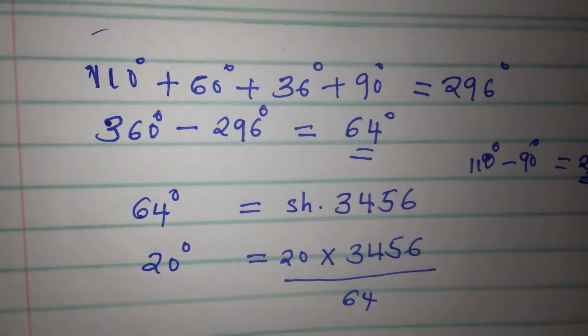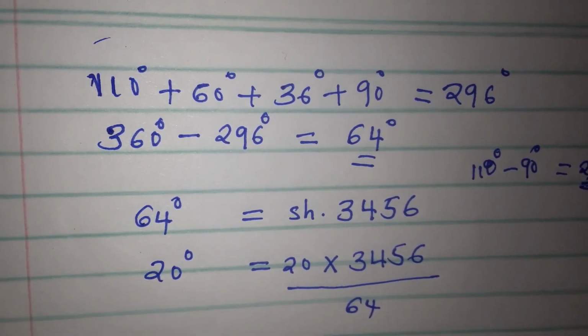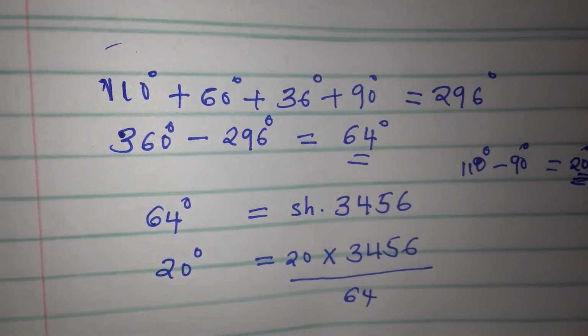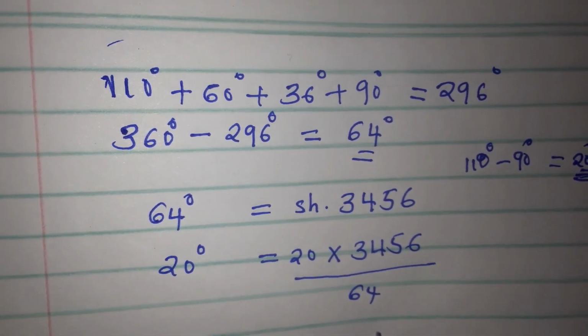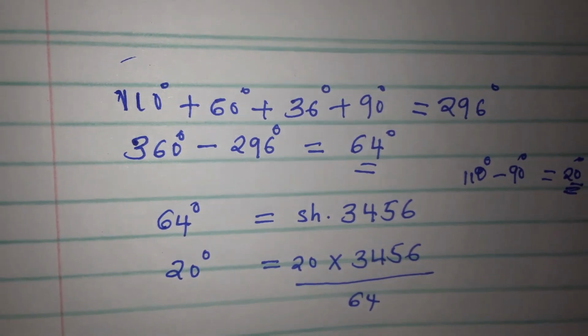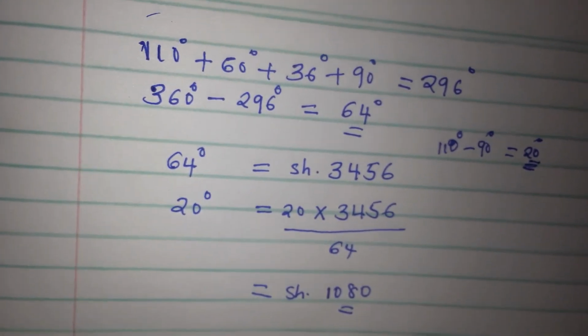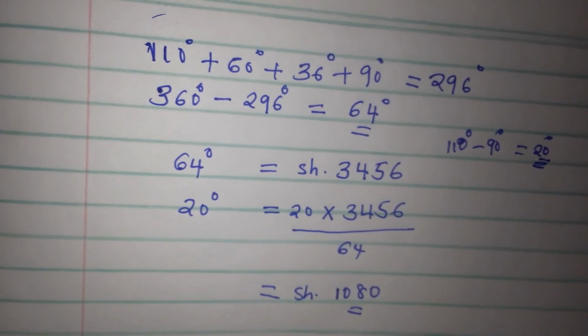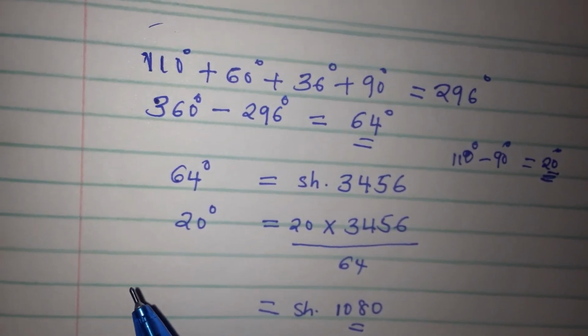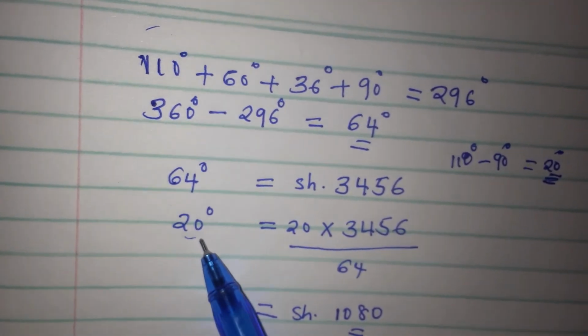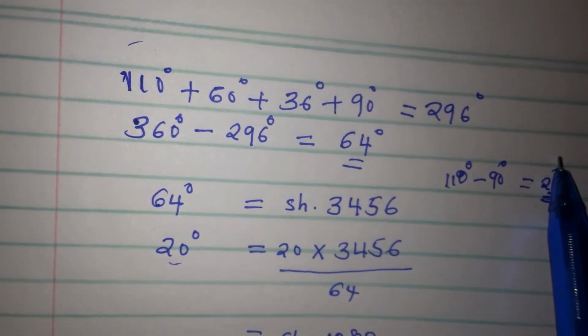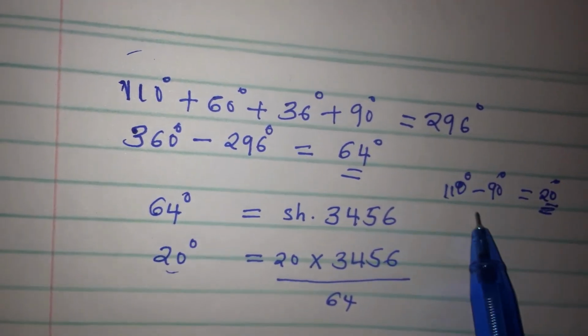By simplifying and multiplying, we will find our answer to be 1080. Remember, if you are asked how much more, first get the difference in terms of the angles given.